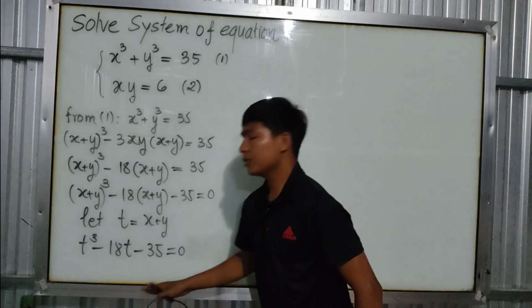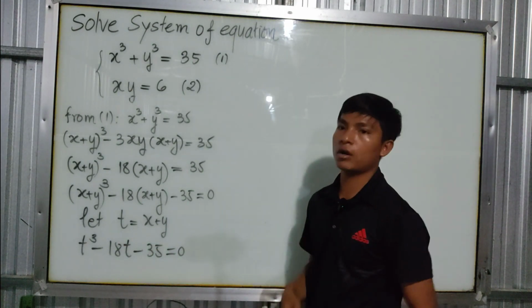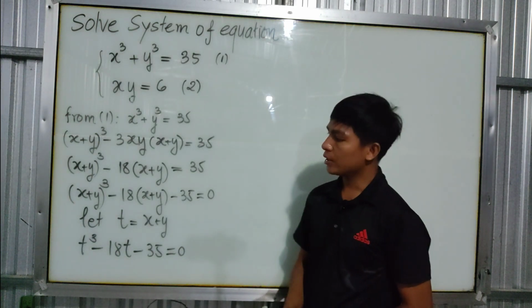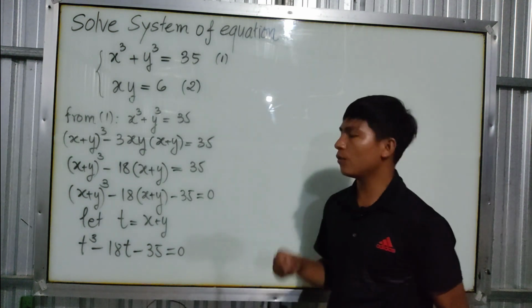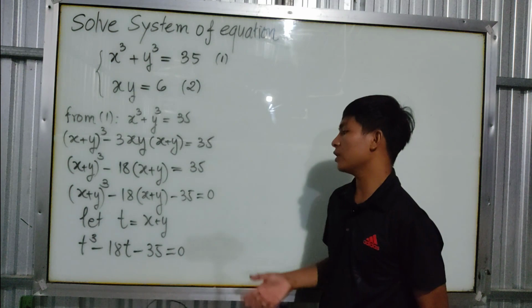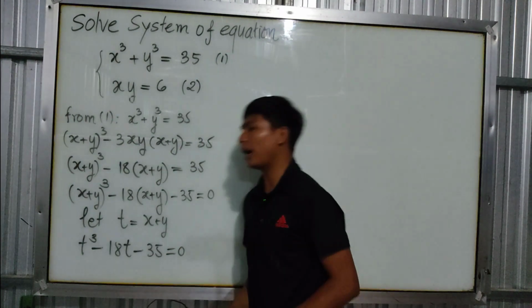Now this is a cubic equation. To solve a cubic equation, we must find an easy root, so we replace t by a number that is a root of this equation. I replace t by 5.